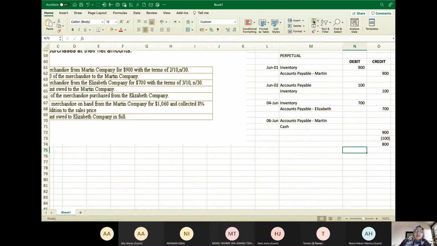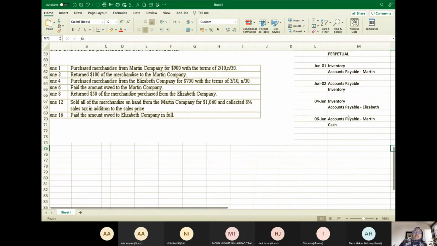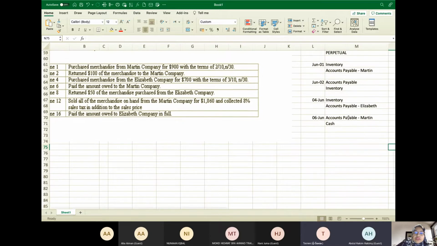But when you make payment on 6th of June, remember that when you first purchased, it was 1st of June, and you are given 10 days. So 6th of June is still within the discount period. If you pay within the discount period, what would be your discount? It's 2%.